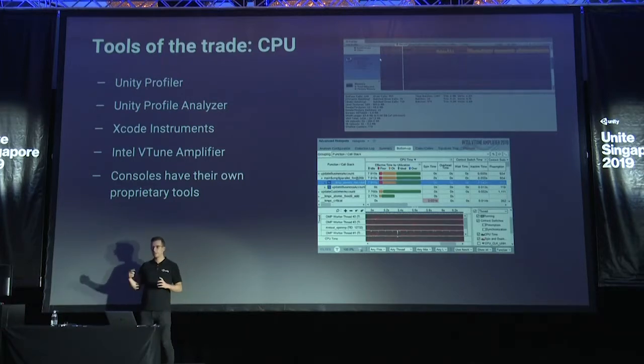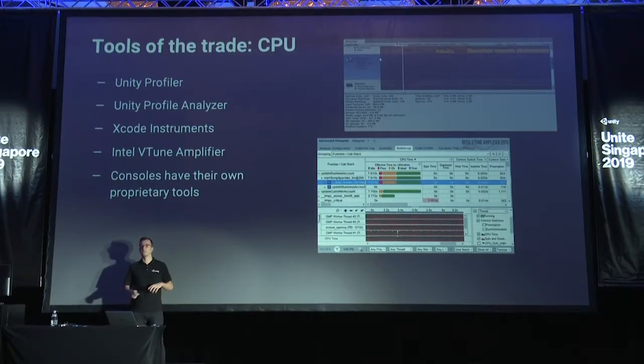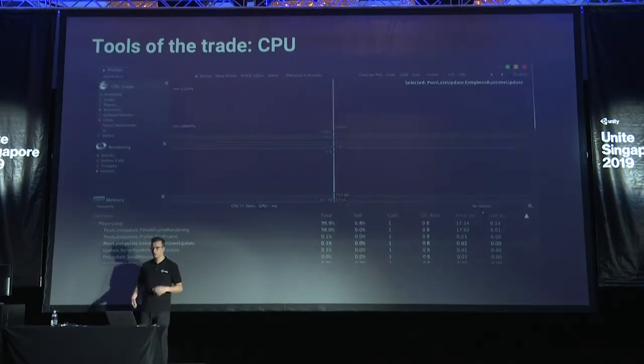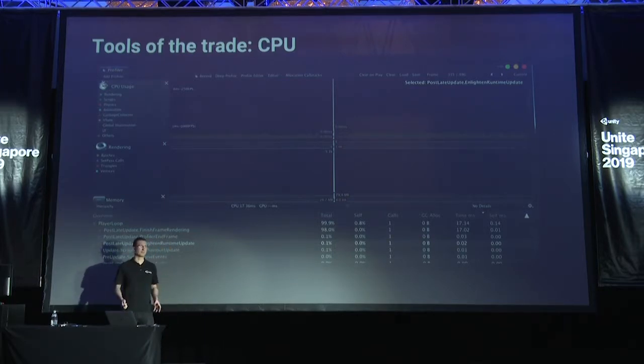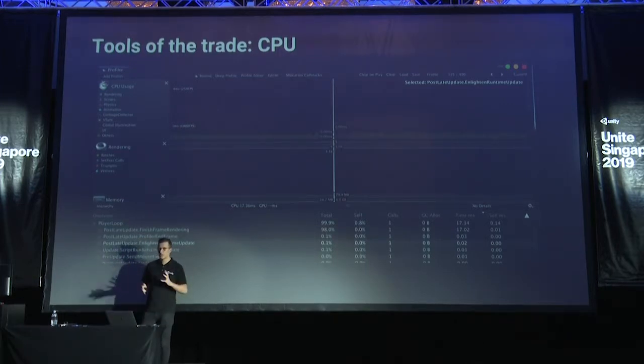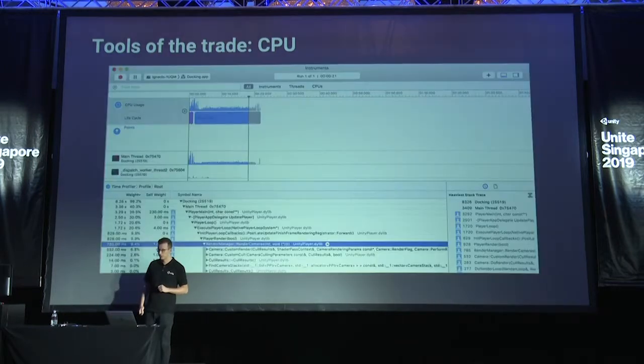On the other hand, many platforms like consoles have their own tools that we need to follow to get the maximum possible data. For the purpose of this talk, I'm going to focus mainly on the Unity Profiler because this is one of the most widely used tools and is actually built into Unity. It allows you to analyze the CPU usage and see what parts of the game are eating your resources.